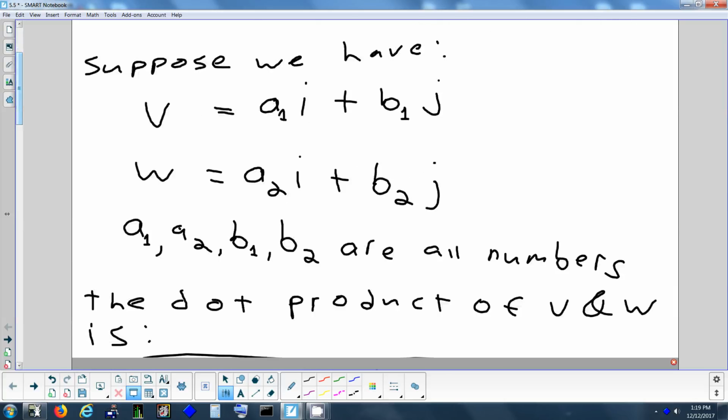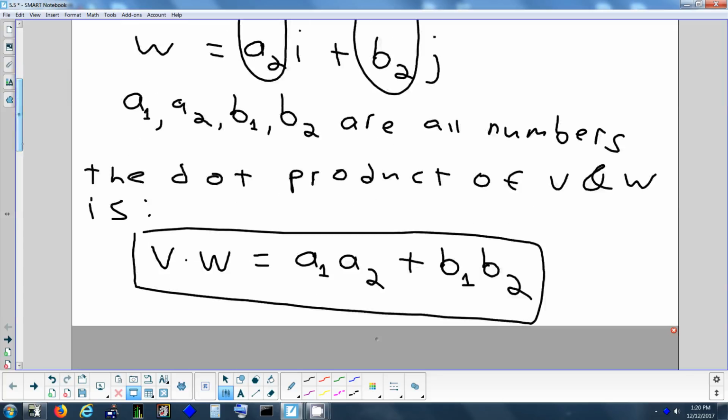So the formula to find the dot product, very straightforward. You take a1 and a2, multiply them together. You're going to take b1 and b2, multiply them together. Then you're going to take those two things and add them. And that's the dot product. So the product of a1 and a2 plus the product of b1 and b2.